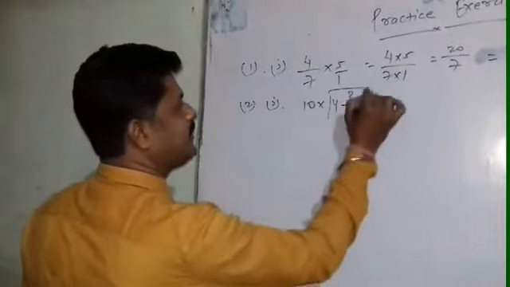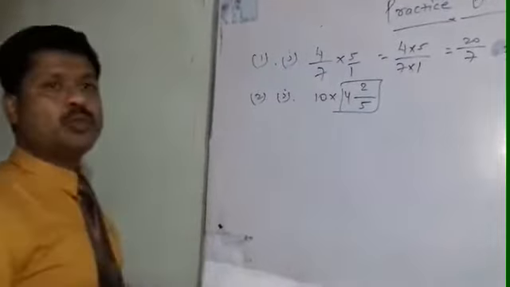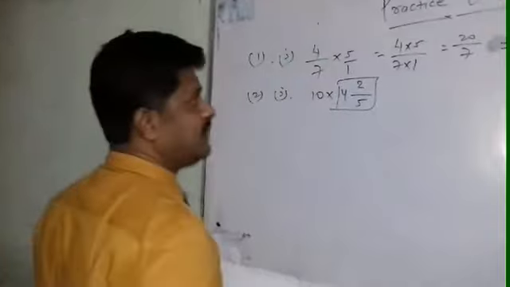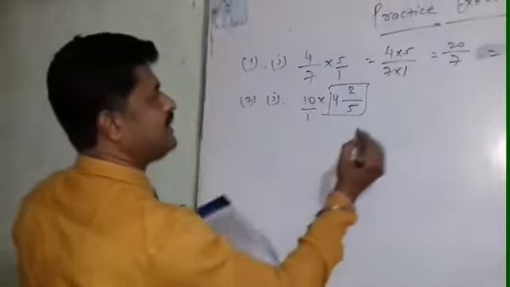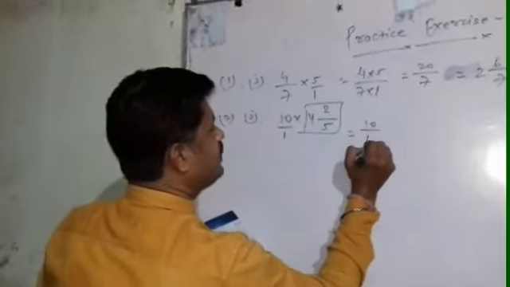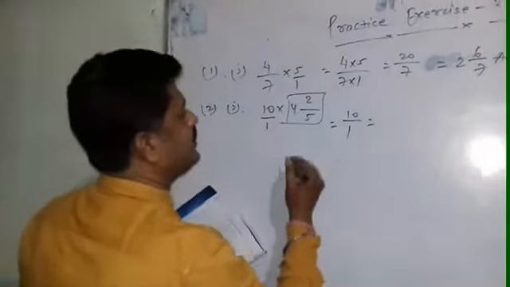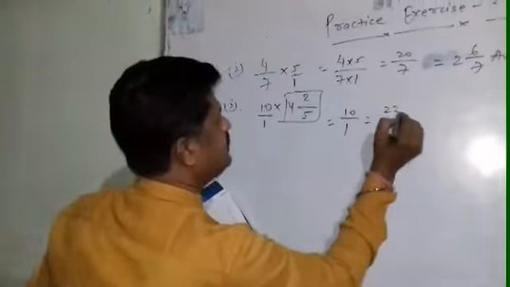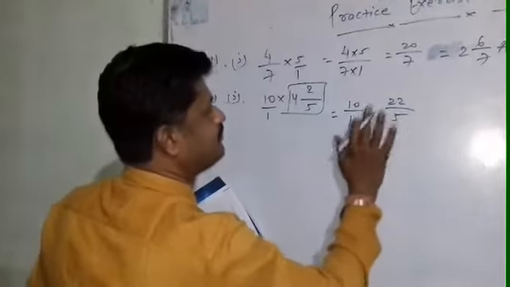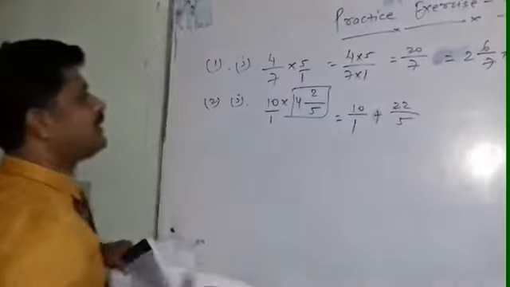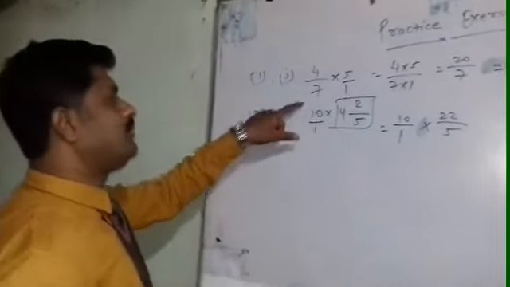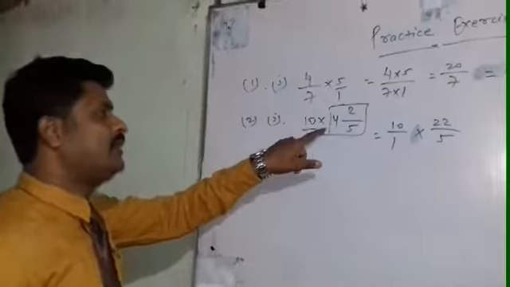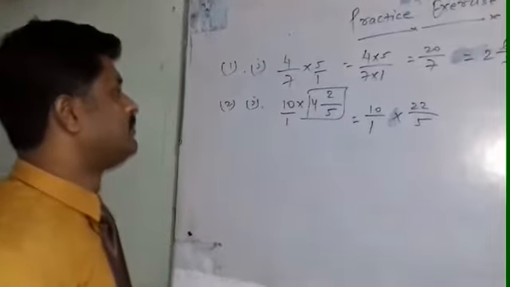This is a mixed fraction, so firstly you have to change it into an improper fraction: 5 times 4 is 20, plus 2, gives 22 by 5. Here the sign is multiply, because we have to multiply. 10 by 1 is to be multiplied with 22 by 5.